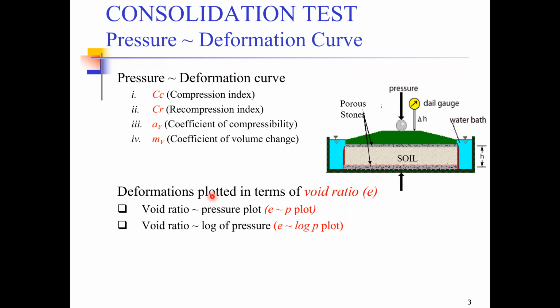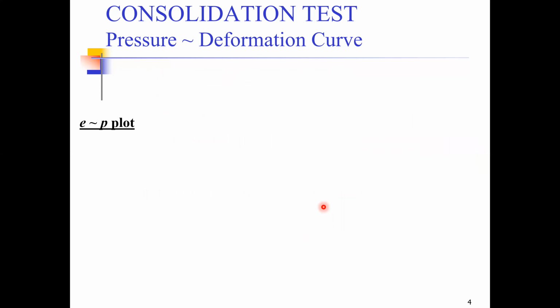So what does the E versus P plot look like, and what are the benefits, how to plot it? Let's think for a moment: if I want to plot the relationship between the void ratio and the applied pressure, what do you think? By increasing the pressure in a consolidation test, what should happen to the void ratio?